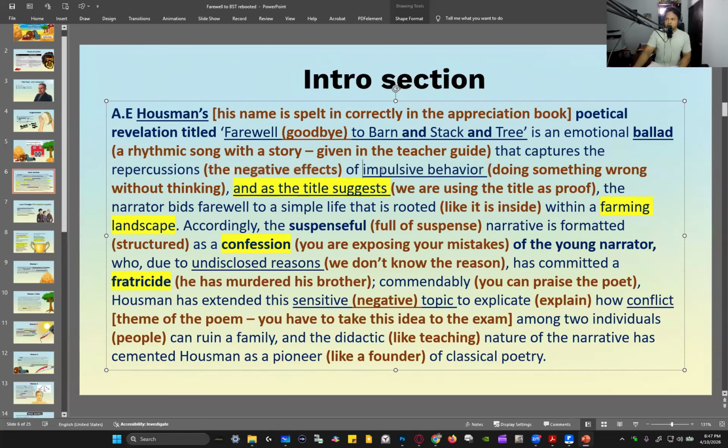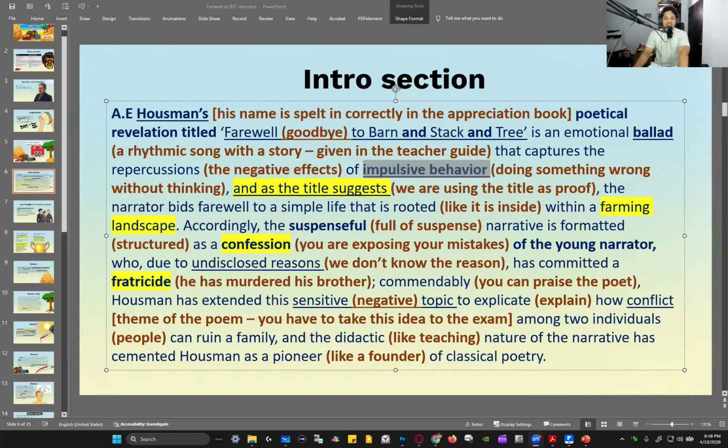Now, there is a word called impulsive behavior, and you might ask me, Javed sir, why are these words difficult? You might ask me. Because this is actual literature, Amina.